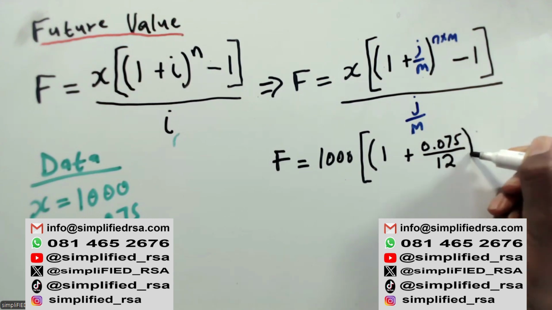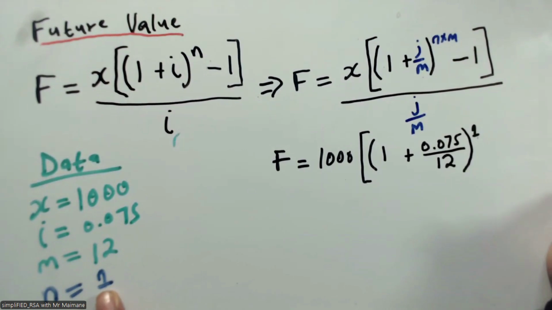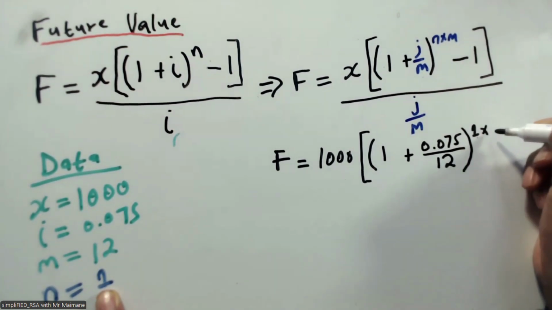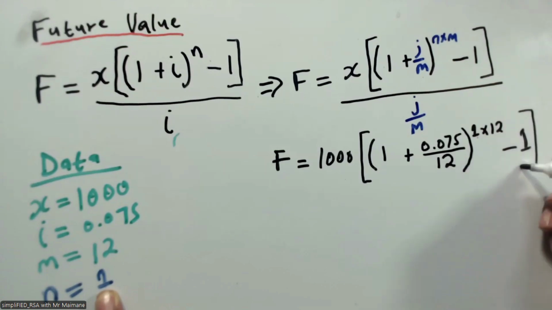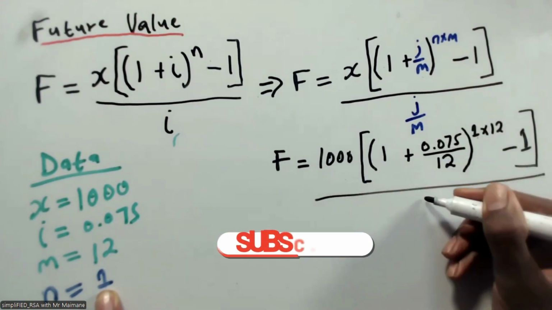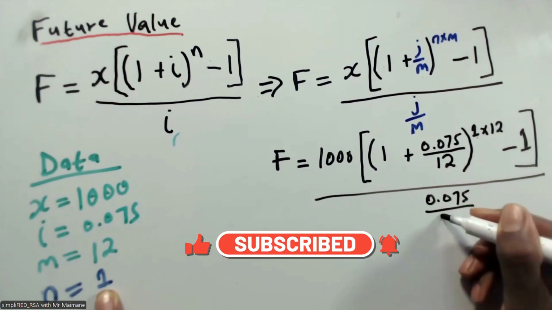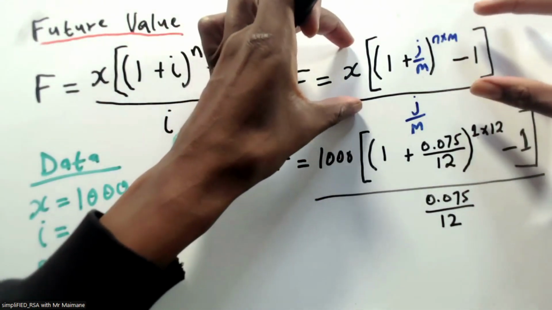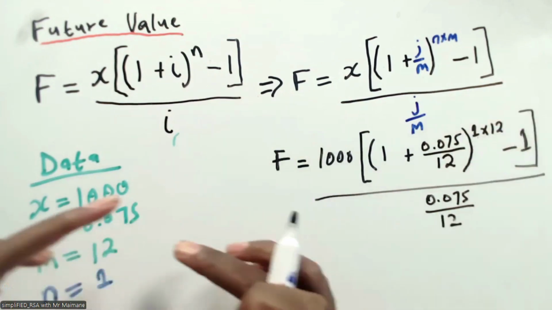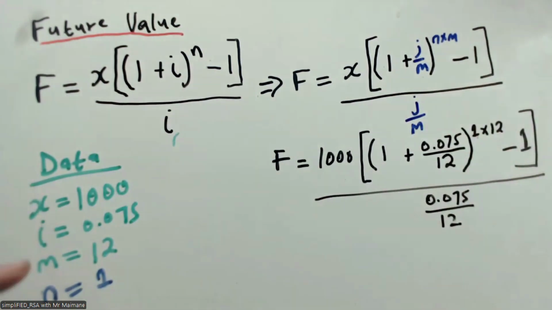It's compounded monthly, 12, to the exponent 1 because it was done for 1 year, 1 times the compounding period, which is 12. So 1 times 12, minus 1, all over the interest divided by the compounding period, 0.075 divided by 12. So what I've done here is, from this formula, I substituted every piece of information I have based on the data that I created from the variables that I need to calculate.